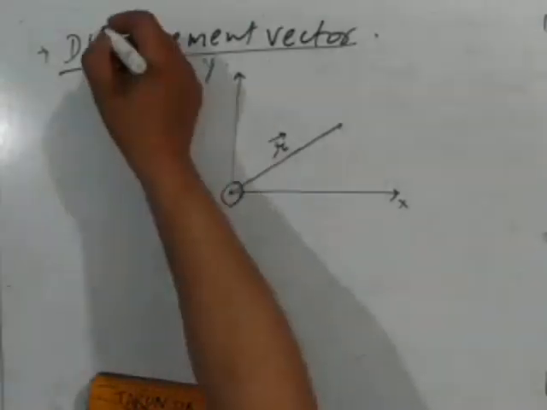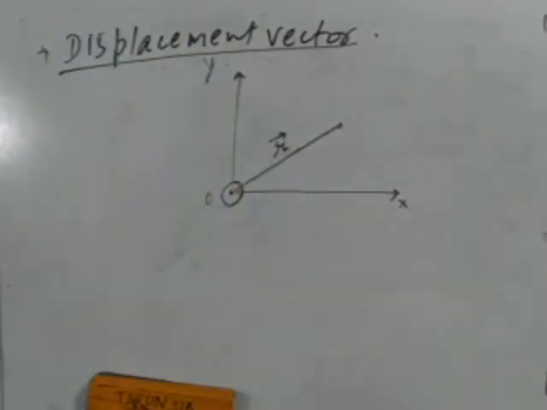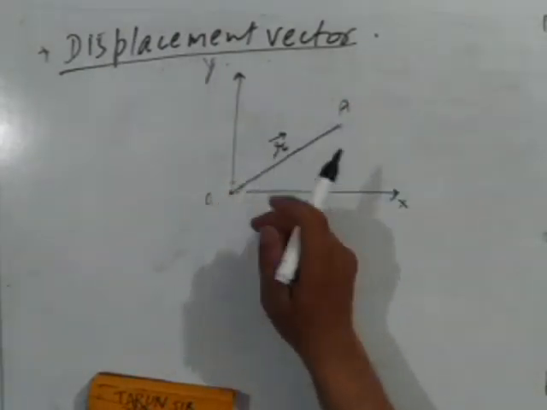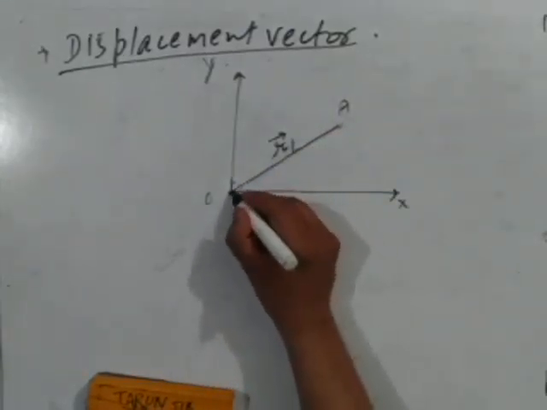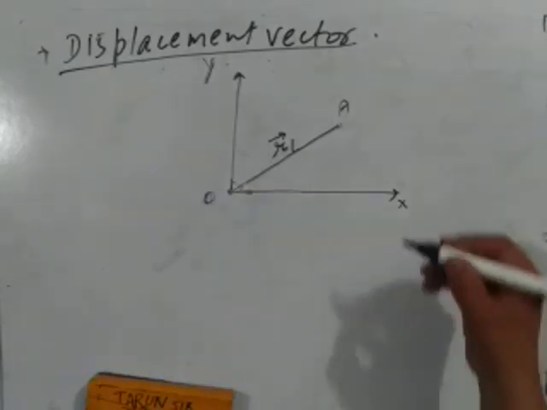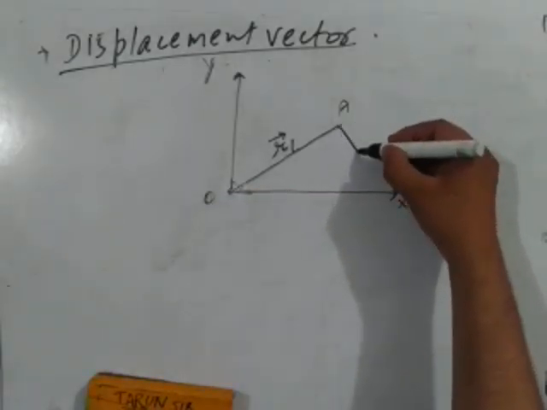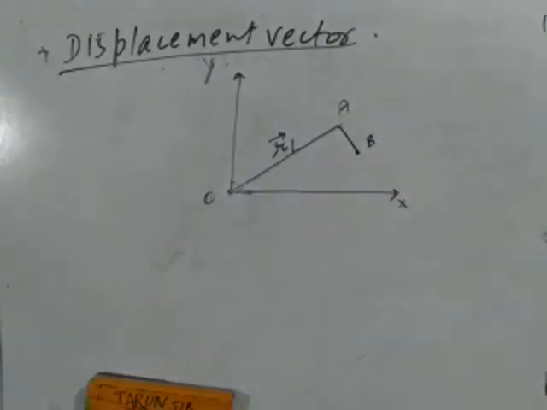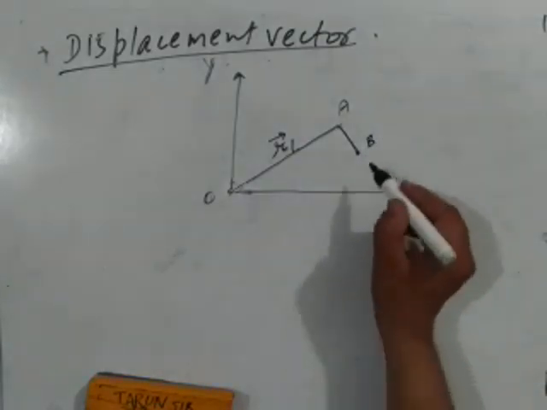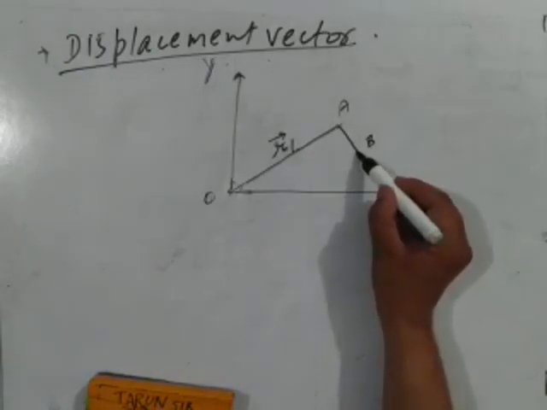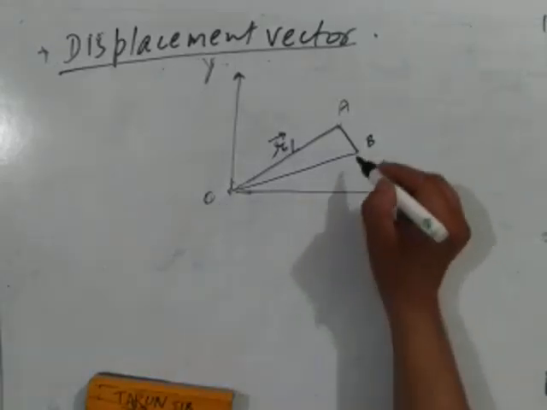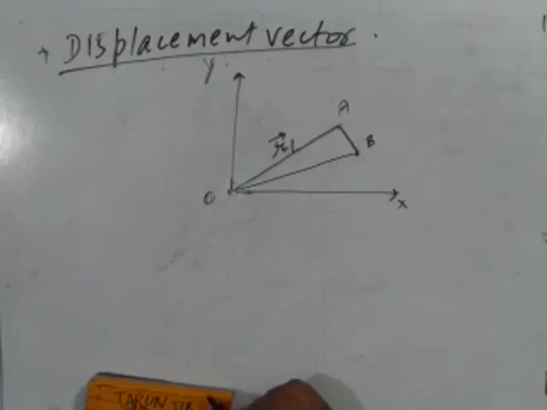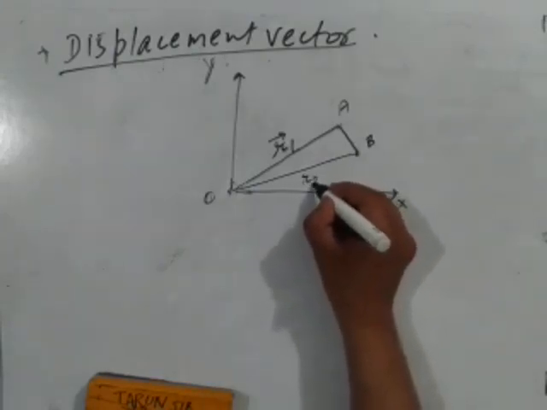Now another is the displacement vector. If A is an object having r1 as its position vector with respect to the origin O, and it goes from position A to position B in a given interval of time, then its final position is B. Now if we draw another straight line joining point B with the origin, the position vector of B with respect to the origin is represented by r2.